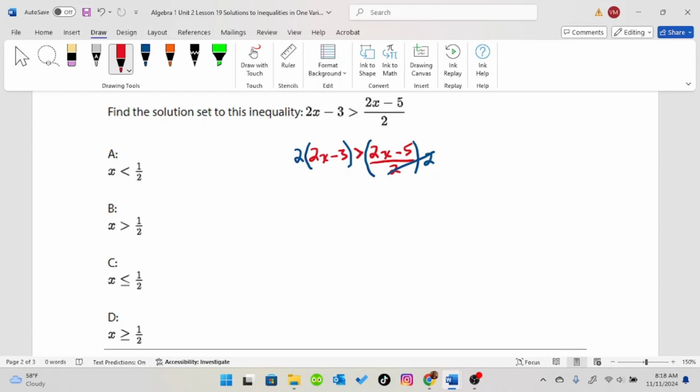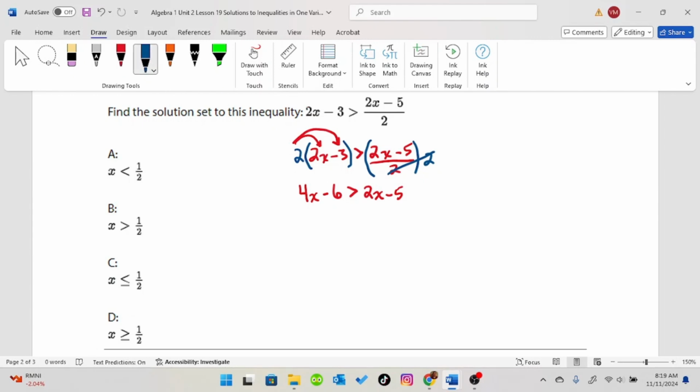So on the left, 2 times 2x is 4x, and 2 times negative 3 is negative 6. Greater than, on the right side, the 2 times the denominator of 2 cancel each other out, leaving 2x minus 5.